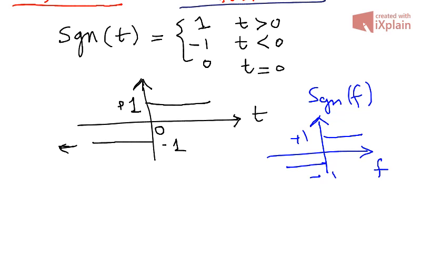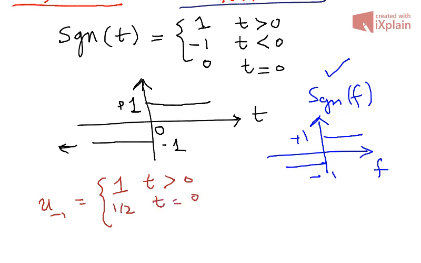So we may use this one today. We would like to use the signum function in the frequency domain. Similarly, you are familiar with another signal, which is the unit step function, and we would like to define our unit step function as 1 for t greater than 0 and half when t is equal to 0.